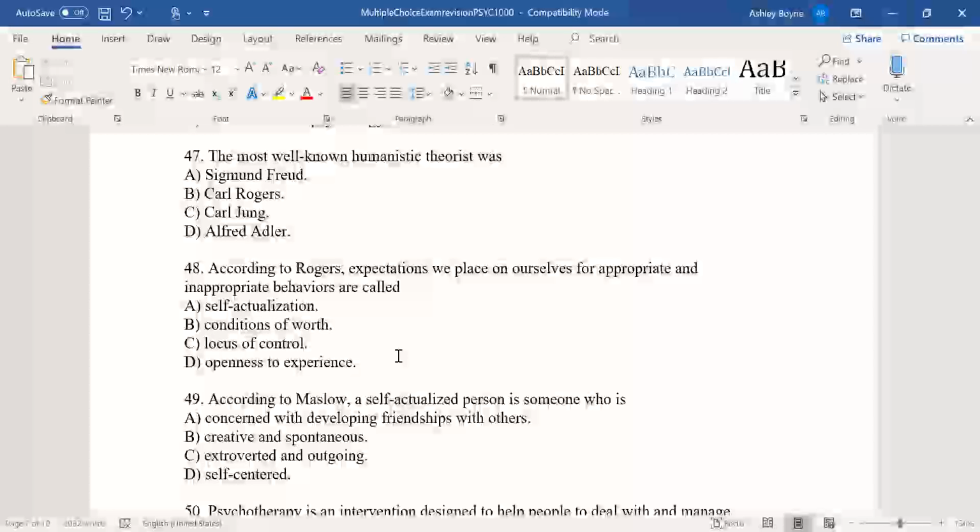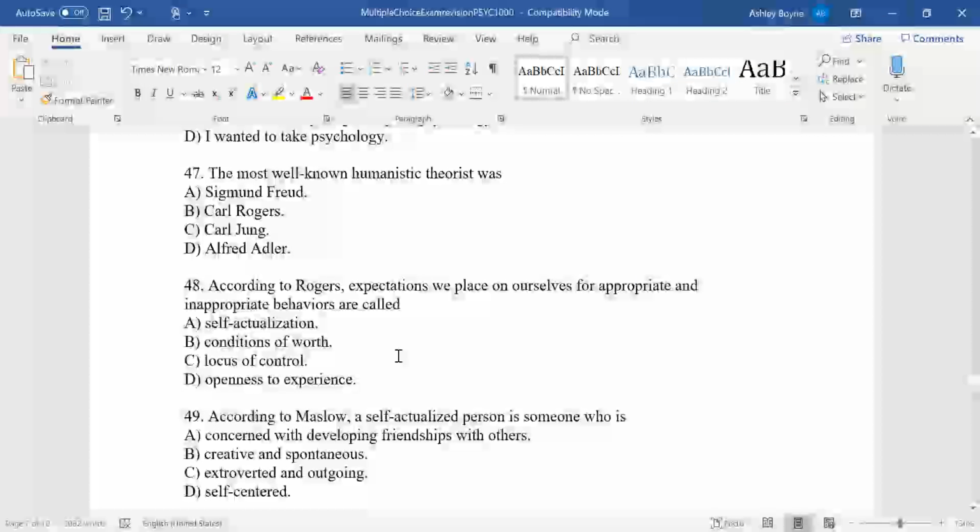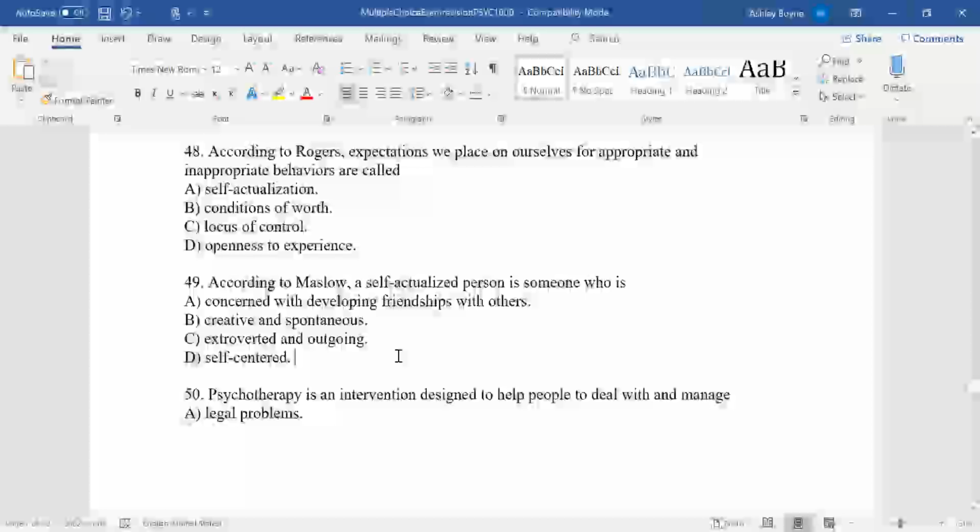So displacement is moving a negative emotion you feel, and instead of taking it out on the person you're actually feeling a negative feeling towards, you take it out on a less threatening subject, right?